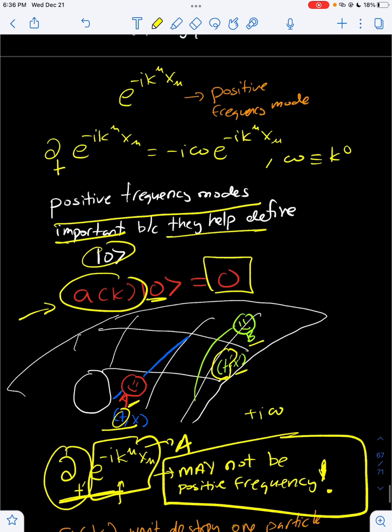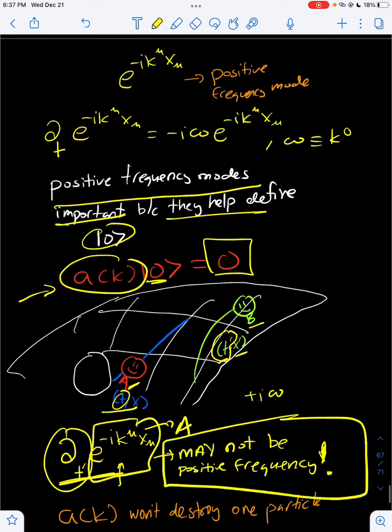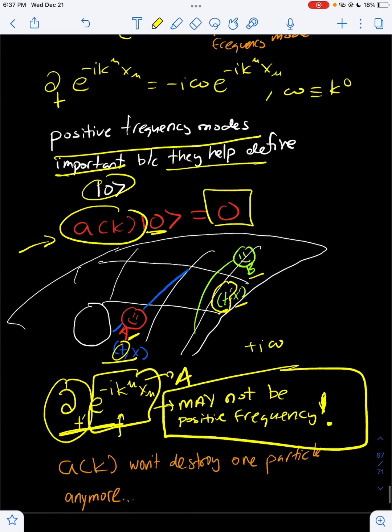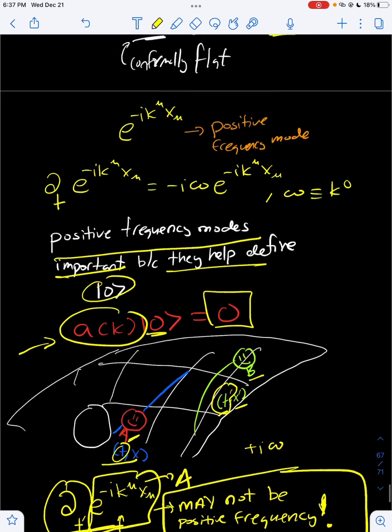So due to the fact that we can't define a global Killing vector field, that's the fancy way of saying it, on a curved spacetime, it means that different observers are going to disagree on which mode is a positive frequency in general.